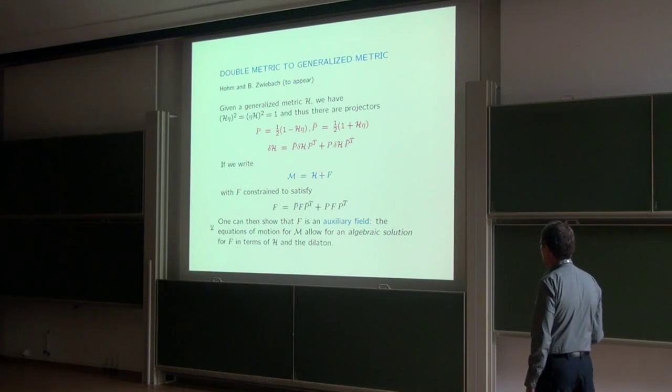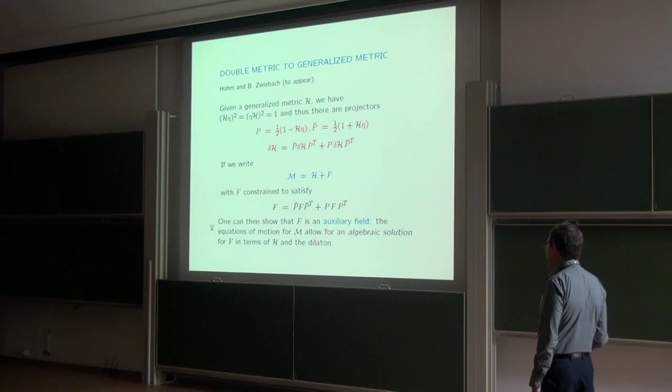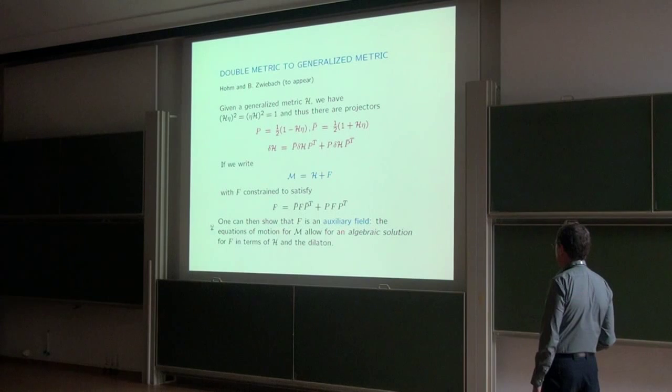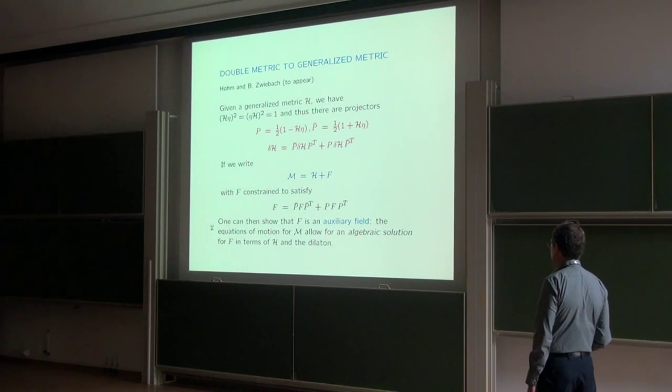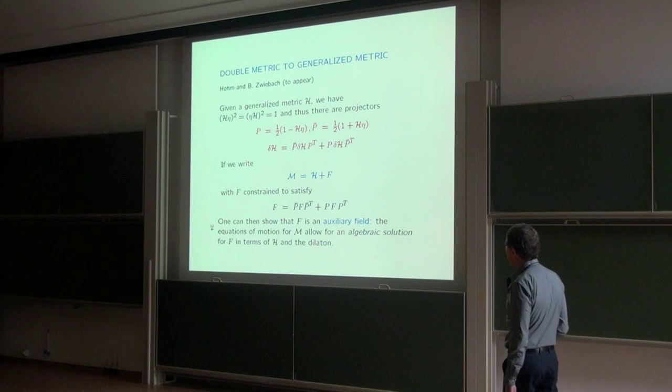You can then show from the equations of motion that F turns out to be an auxiliary field, so the auxiliary part of M is actually in F. The equations of motion of M allow for an algebraic solution of F in terms of H, the dilaton, and derivatives.